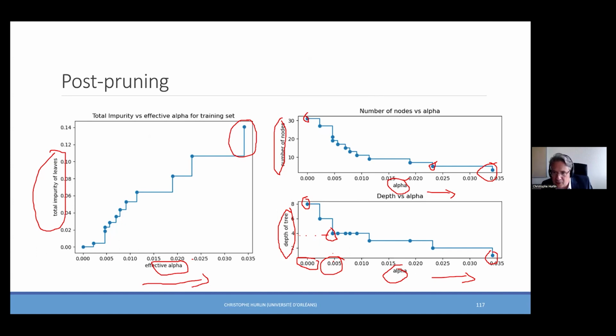As you can see here, for instance, if alpha exceeds 0.03, then the depth of the tree is limited to 1, so there is no tree. In general, it is very sensitive to alpha. It depends on your data set, but you will try to choose alpha. So it's fair for it to be between 0 and 1? Yes. Theoretically, this is between 0 and 1.